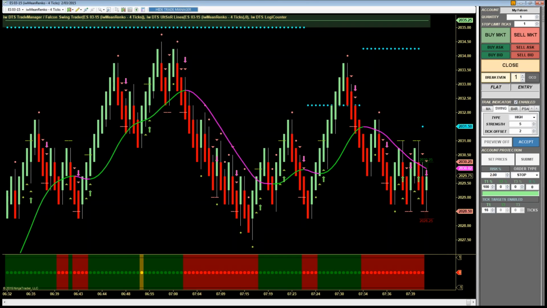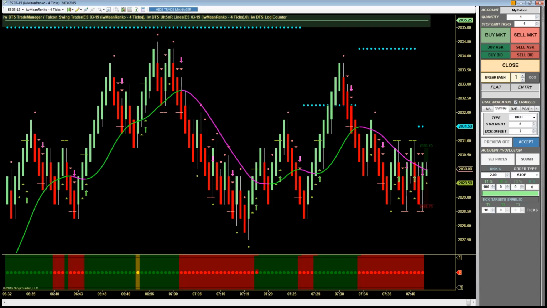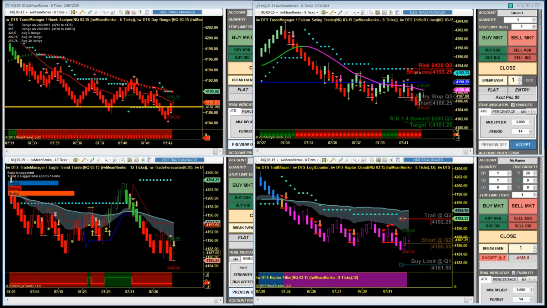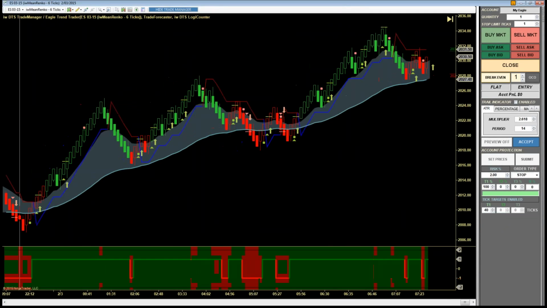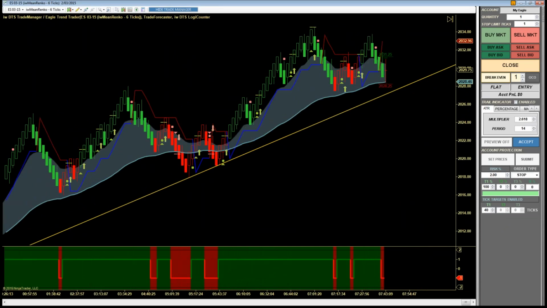Getting a, or sorry, not a late filter entry signal, but a trend change signal here on the E-mini. And on the E-mini, we're also into the hard edge still on the Eagle.